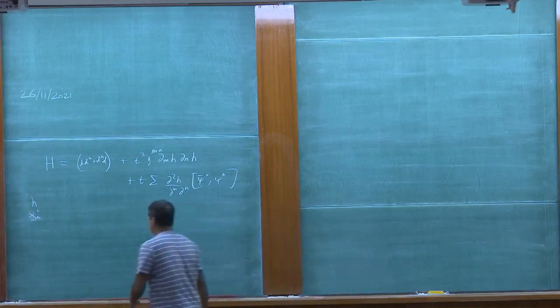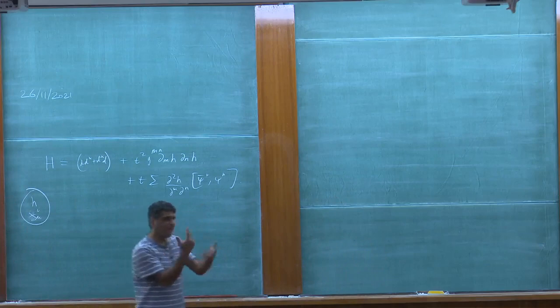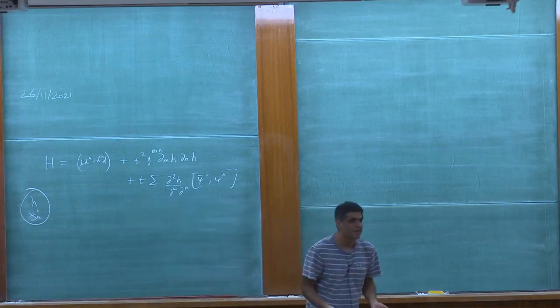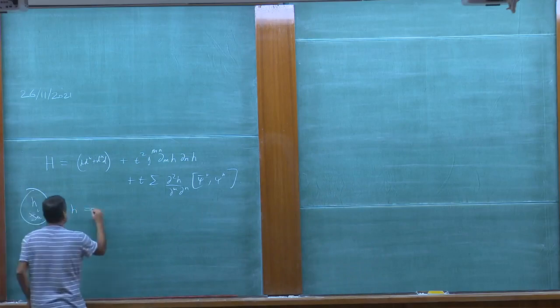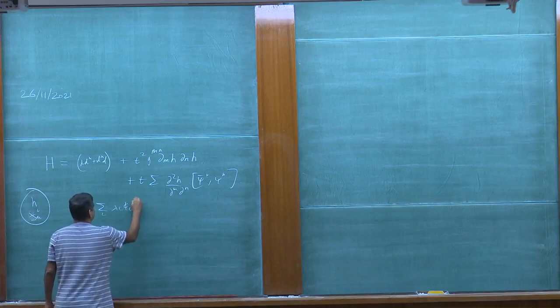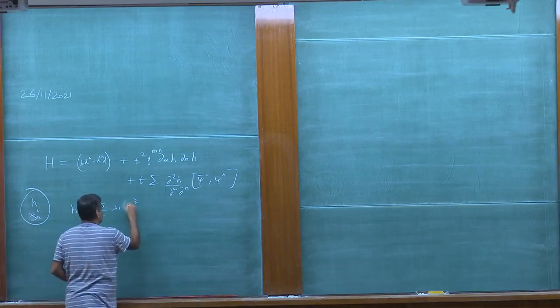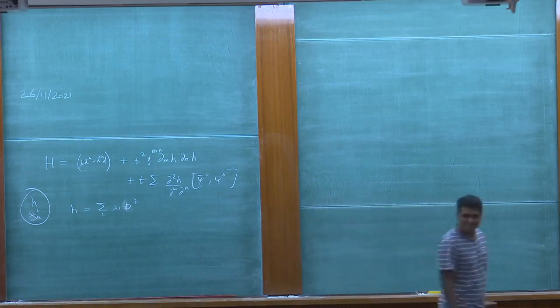Let's make that more precise. By appropriately choosing coordinates around any extremum, we can always choose coordinates so that H is equal to the sum over I of lambda_I phi_I squared. This phi_I is some deviation coordinate from the extremum.